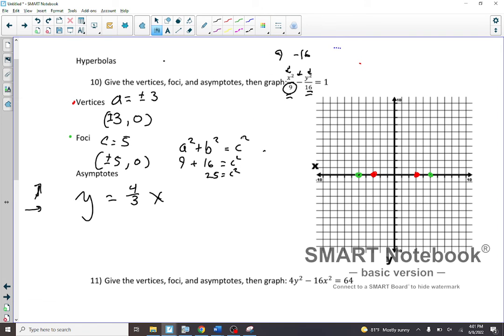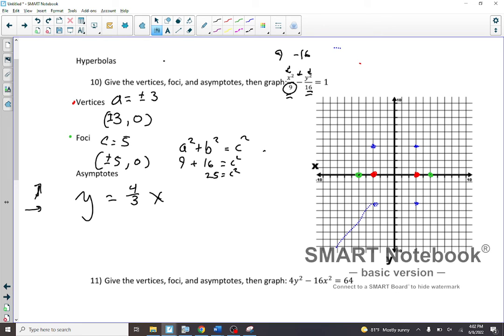And then for this one, it's 4, 3. So that means I'm going to go 4 up, 1, 2, 3, 4, and 3 right, 1, 2, 3. 3 left, 4 down, 3 right, down 4, 3 left.